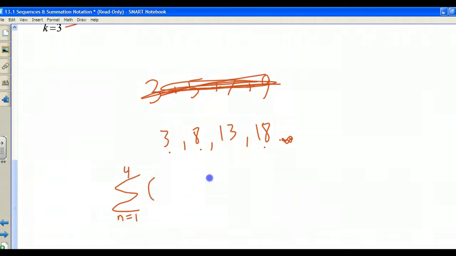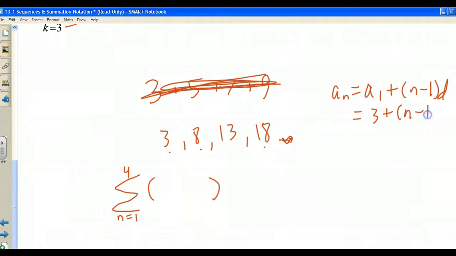And all I put here for sigma notation would be whatever the sequence is for this one. And so we know that a sub n equals a sub 1 plus n minus 1 times d. So you just say that's 3 plus n minus 1 times 5, because we're adding 5 each time.